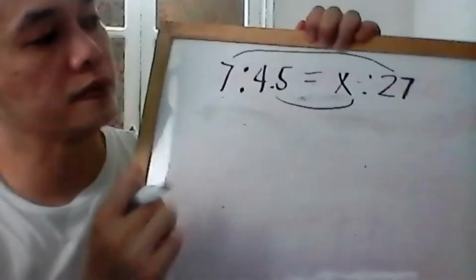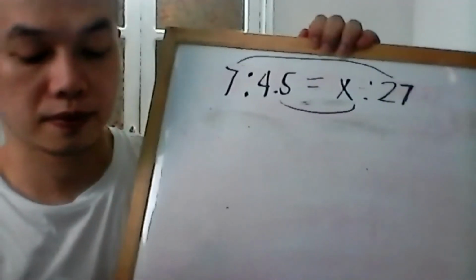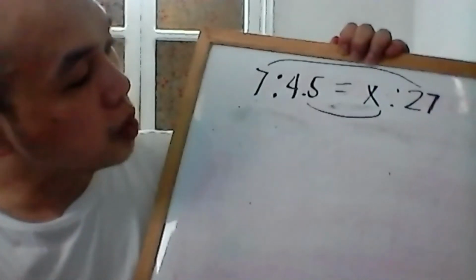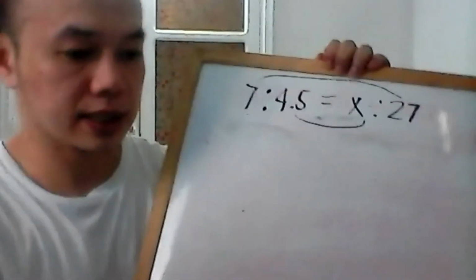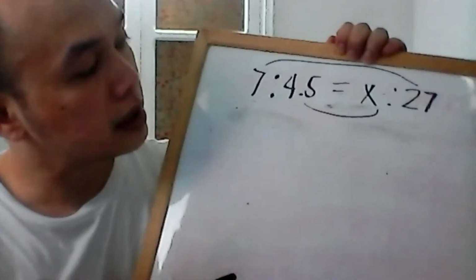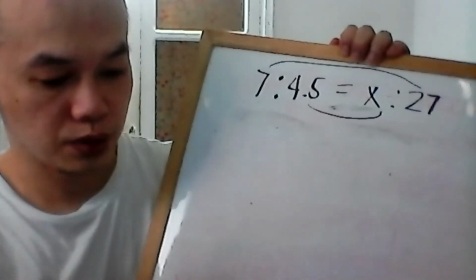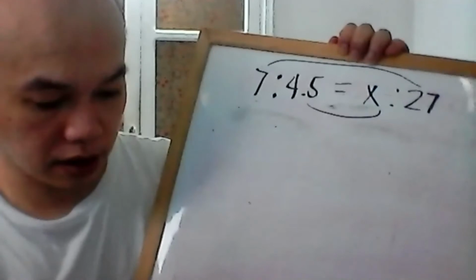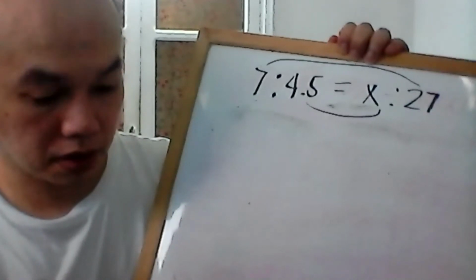No need for this because you may get confused. All right. So it's like that. Let's see if I can do this. All right, divided by.